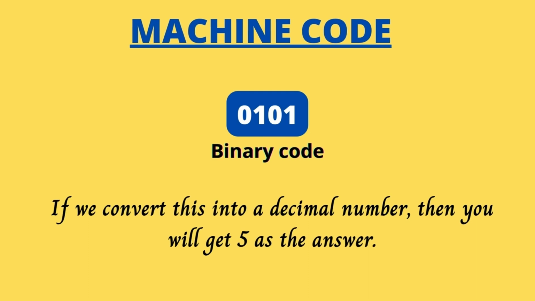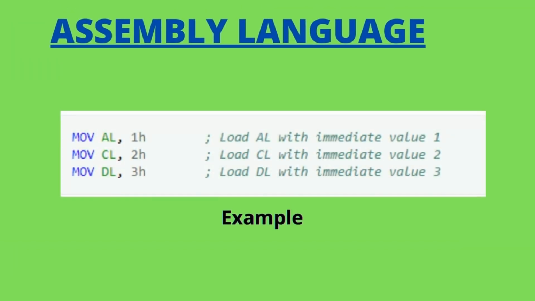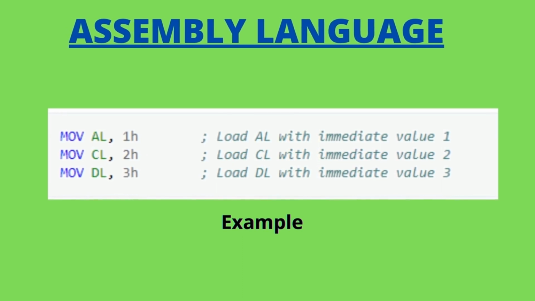What am I going to say? This is a binary number which can be converted into decimal numbers or hexadecimal or octal. We will know about this in detail later on. For now, understand that you cannot tell whether it is a number or a character or something else. That's why machine code is a low-level language.